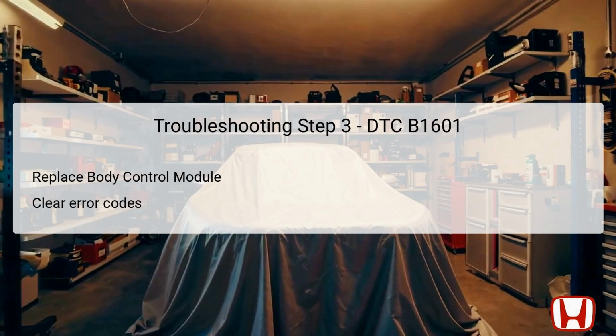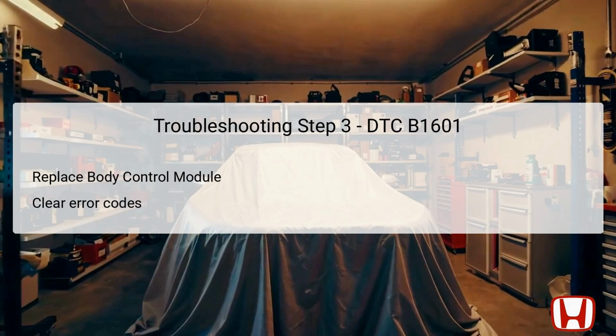If the inspection identifies a faulty body control module, the next logical step entails replacing it. When performing this replacement, it's essential to ensure that the new module is compatible with the 2023 Honda Accord model and is properly configured.